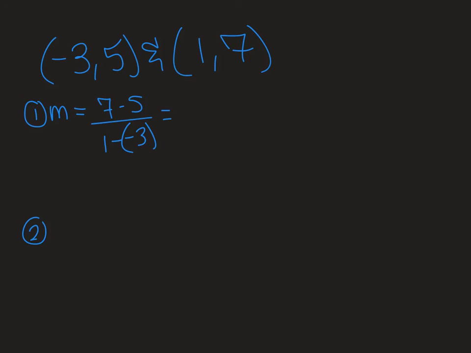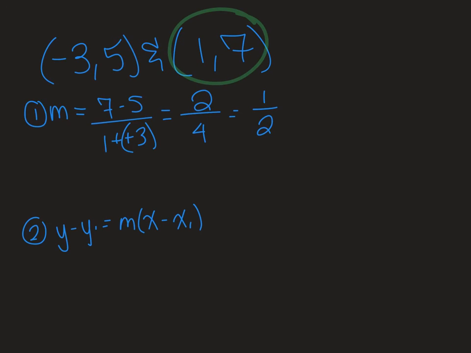We have 7 minus 5 is 2, and 1 plus 3 is 4, so we get a slope of 1/2 here. And then you're going to plug into that y minus y1 equals m times x minus x1. This time I'm going to grab that second point because it has positive values, just to make it a little bit easier. So y minus 7 equals 1/2 times x minus 1.